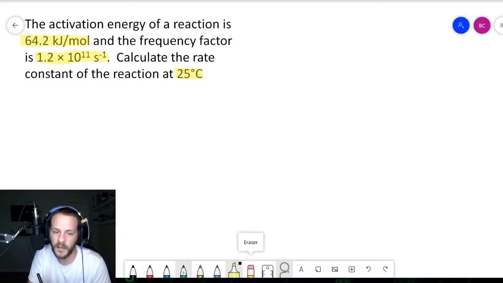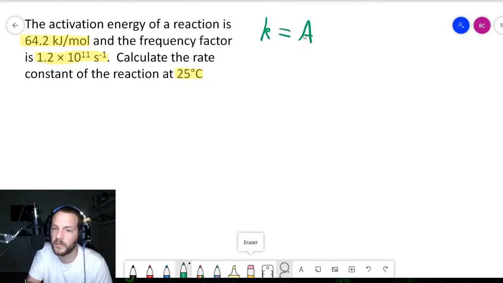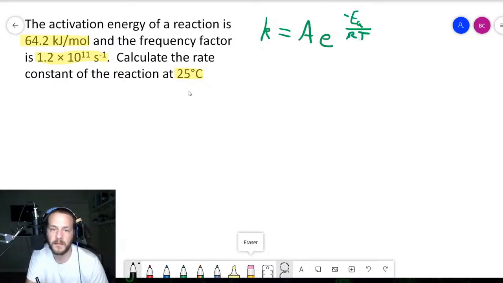So as you probably have already figured out by now, the equation that we're going to be using is the Arrhenius equation, which is k is equal to A, the frequency factor, times e, Euler's number, raised to the power of minus E sub A over RT, right? So let's identify what all of these terms are.